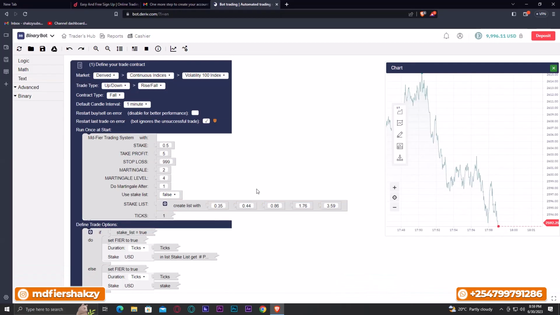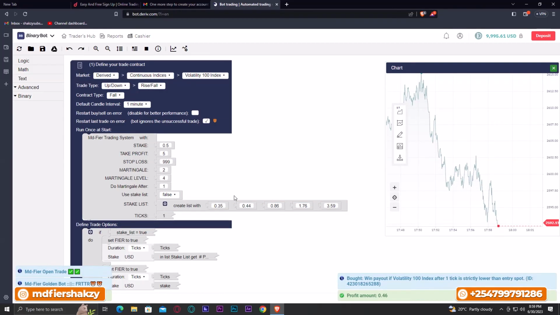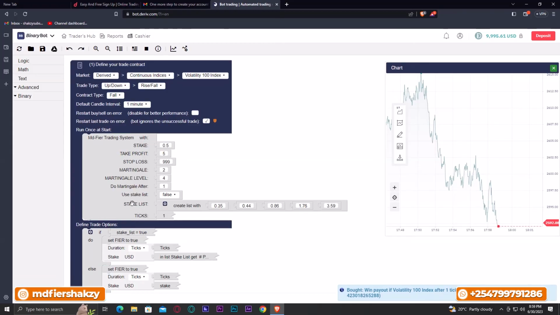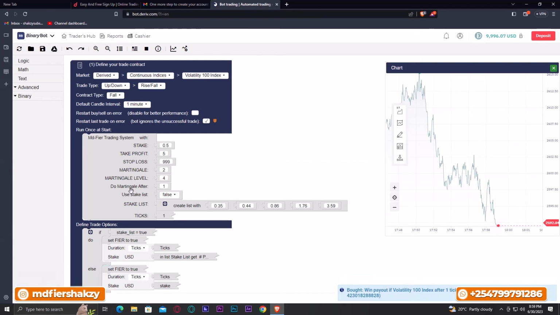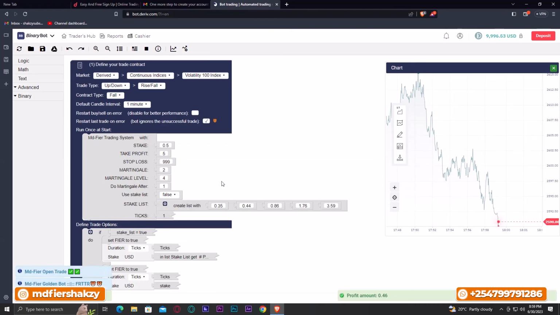Now when we reach that point, I'll be telling you what is the advantage of using a stake list and why you need a bot that has a stake list. So if you've been trading with a bot that has been giving you big losses, you need risk management strategies and a bot that is designed to help you manage risks. Okay, we were not to do all that. I was to show you now how to verify your account.